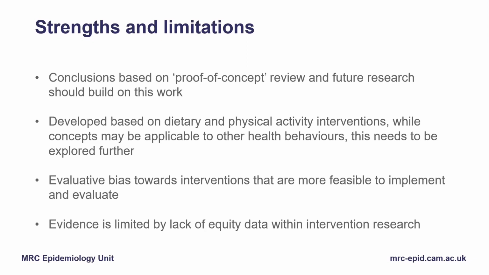But I think it's quite clear in the results that I've presented that we're reflecting a bias whereby interventions in certain categories may be more feasible to implement and evaluate, and so there is more evidence in some of the categories. And when we were attempting to do the review on intervention equity, it was notable that there was a limited amount of data with which we could do this research.